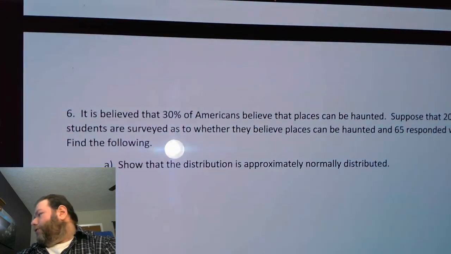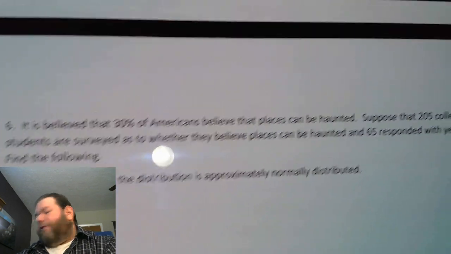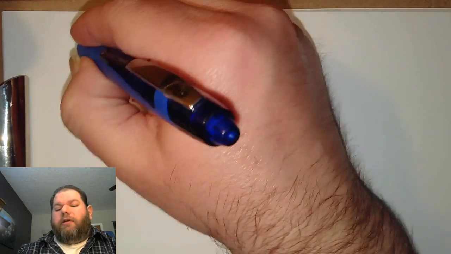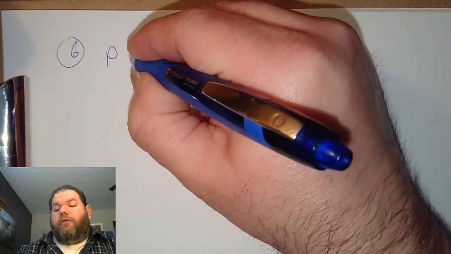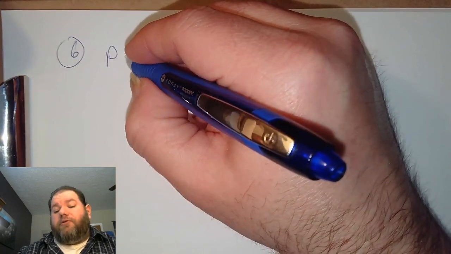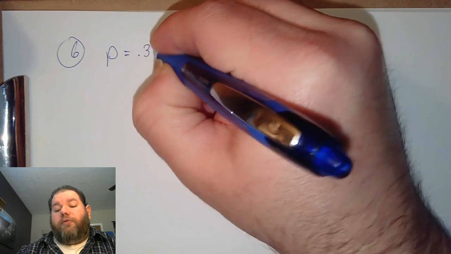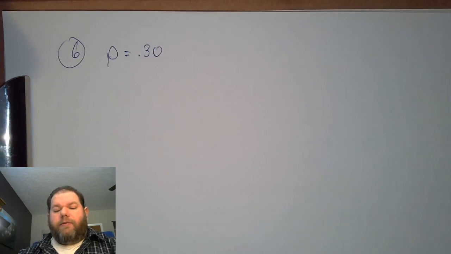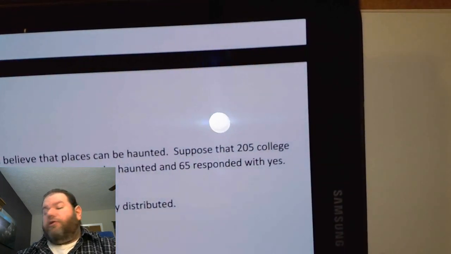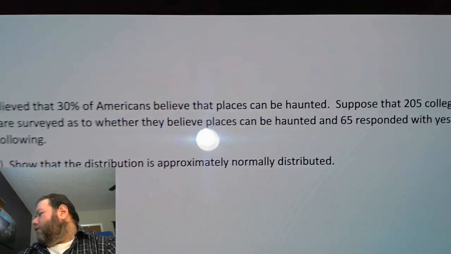Let me start with a fresh sheet of paper. So, 30% of Americans believe that places can be haunted. So that's our population proportion, P. And we'll express 30% as a decimal. 205 college students are surveyed.